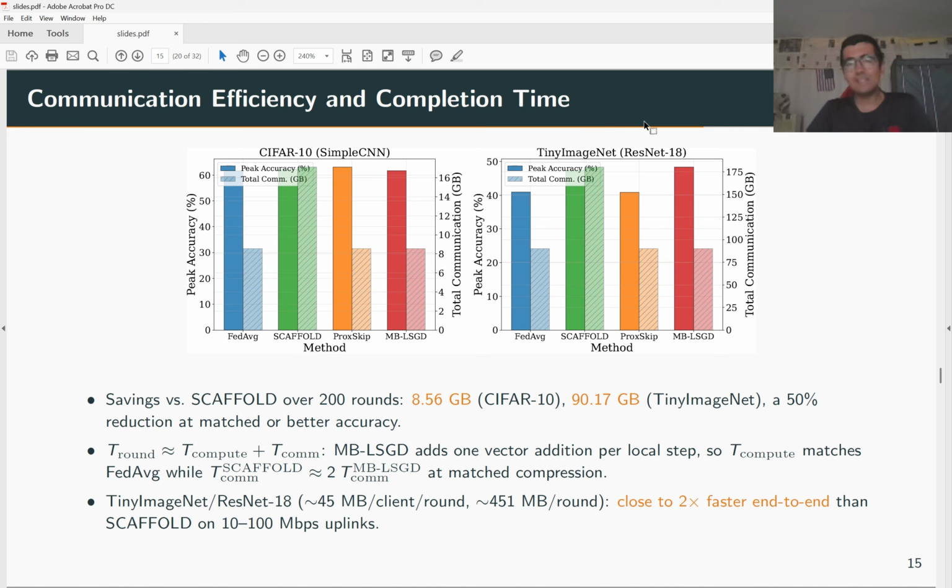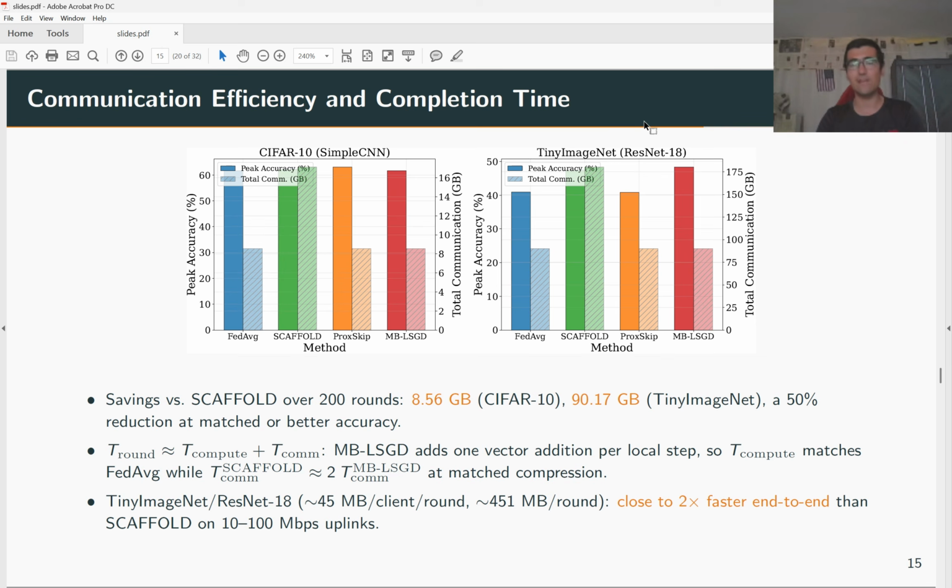For the Tiny ImageNet workload, about 45 megabytes per client per round, around 451 megabytes across 10 sampled clients. That means in the communication-bound regime typical of cross-silo and edge deployments, say 10 to 100 megabytes per second of uplink, the end-to-end completion time improvement over Scaffold approaches a factor of 2.